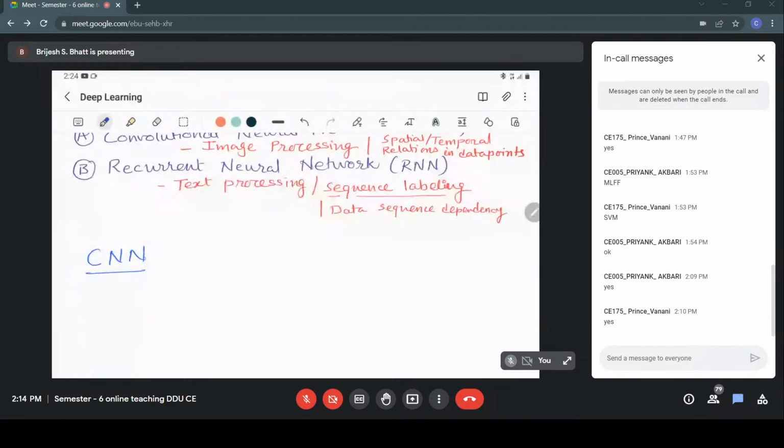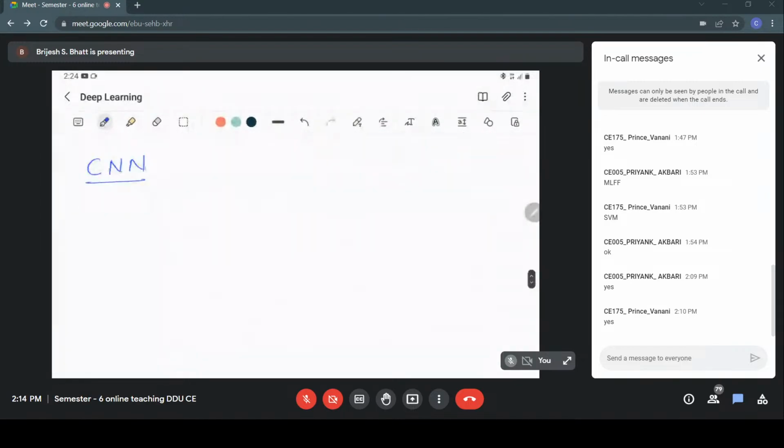So let us say we are doing a digit identification system, and we want to classify a digit given in an image of size 28 cross 28.